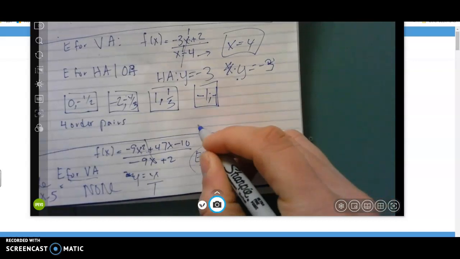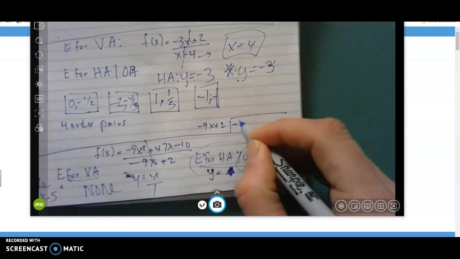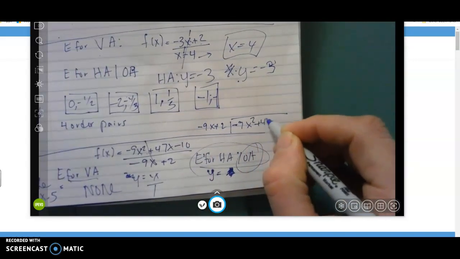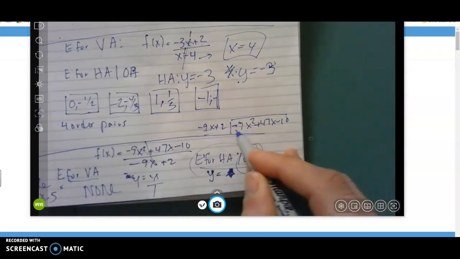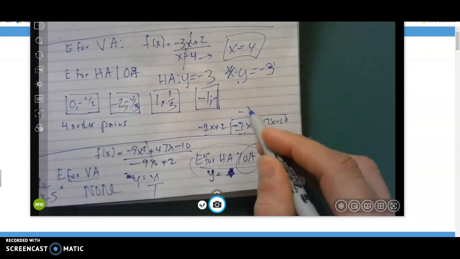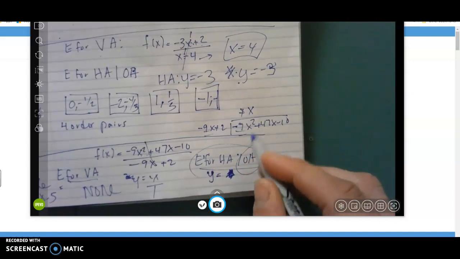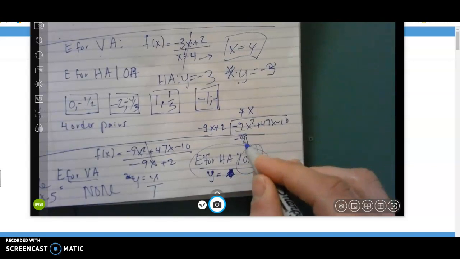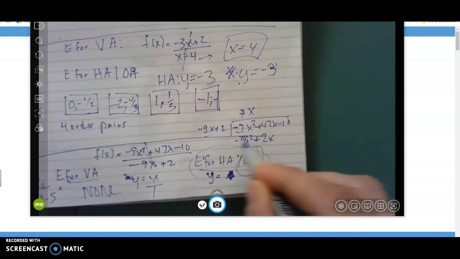So we're going to divide negative 9x plus 2 into negative 9x squared plus 47x minus 10, because they're asking for the equation of the oblique asymptote. If we divide that into that, we're going to get positive x. Then we get negative 9x squared plus 2x, and then we subtract.